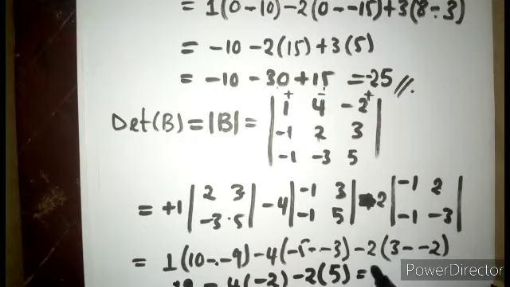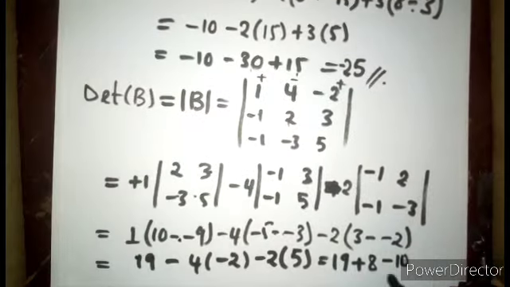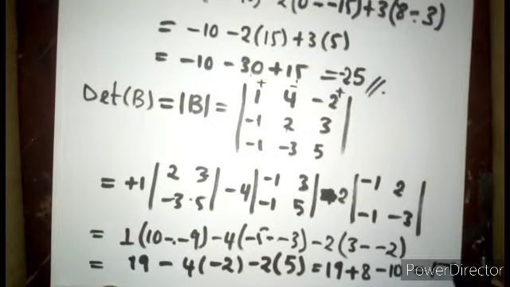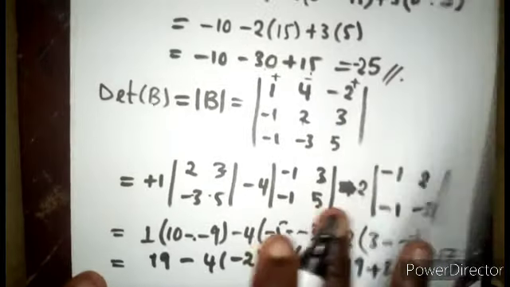So we have 19, plus 8, minus 10, which gives 17.